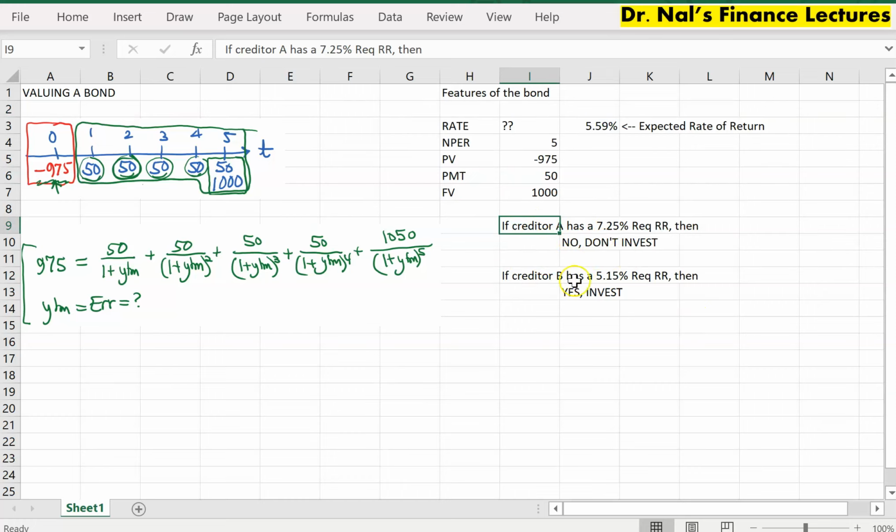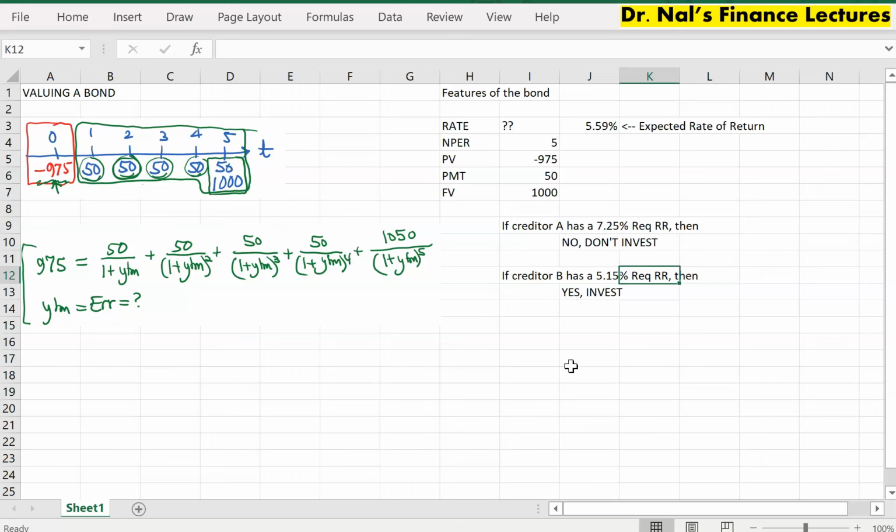The decision will be based on his or her reservation, required rate of return basically. This is the least return that will entice the creditor to invest in this security. 5.25% for creditor A, 5.15% for creditor B. All right, so that is the positive side of the story.